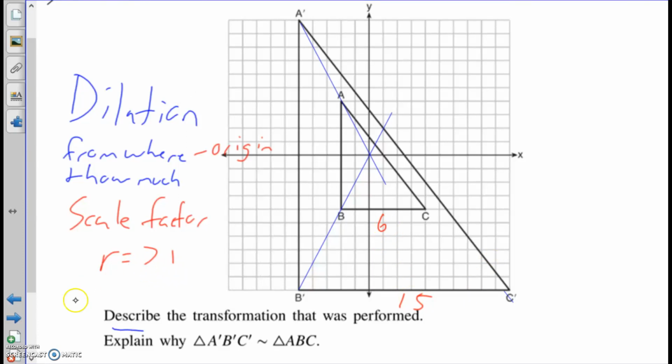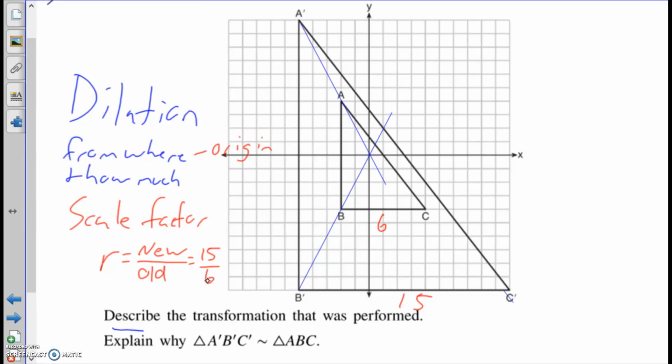It's certainly not going to be a nice, simple scale factor, but one of the things you always should remember about the ratio for a dilation scale factor is you always want to think of it as new over old. The scale factor is always new over old. So if you have a new length like 15, put it over an old length like 6.